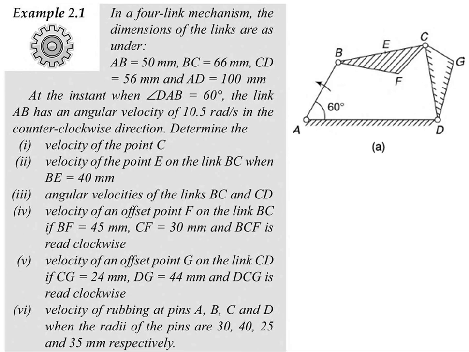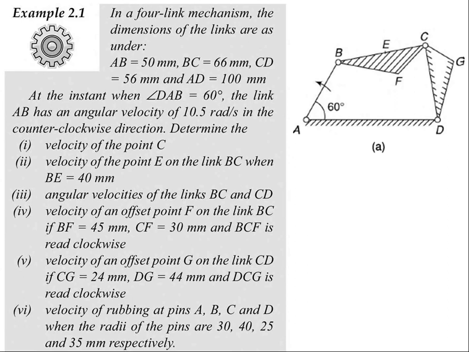Okay, then what he has asked to calculate, we'll see now. First you have to calculate the velocity at point C. So what will be the velocity of the point C? If you want the velocity at any point, you have to start from the initial point which is fixed.